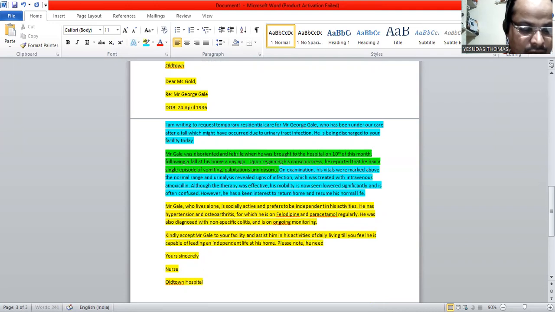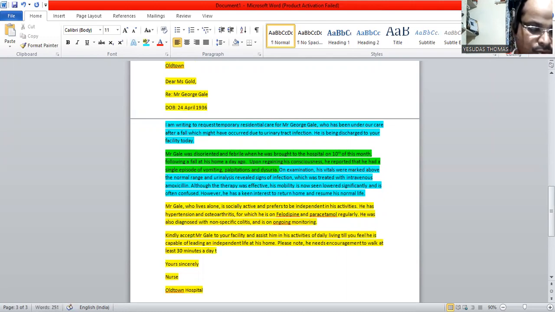He needs encouragement to walk at least 30 minutes a day to improve his mobility. Okay, so this is what we have added here.